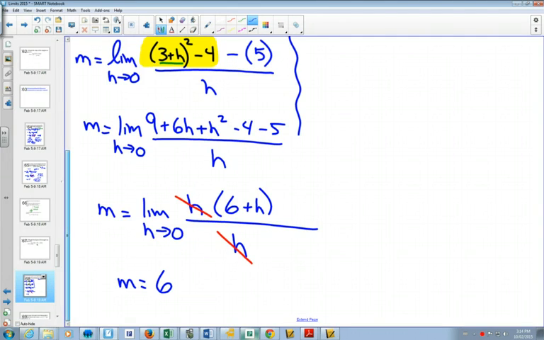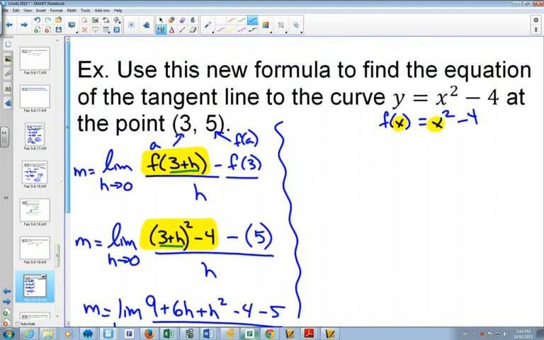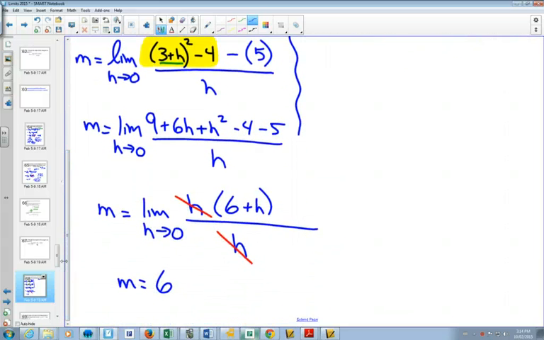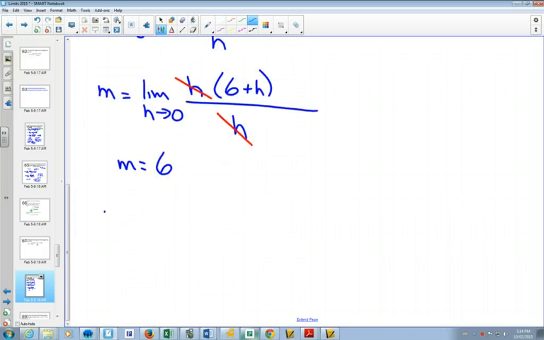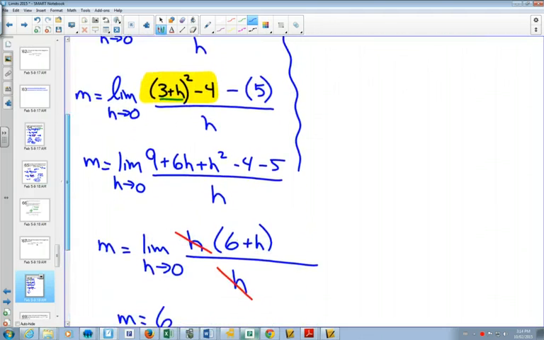Did it ask us to find the equation as well? Find the equation of the, oh, they just asked us to find the equation. So now that we have the slope, we could find y equals mx plus b. You know that your slope is 6. We have a point which was 3 comma 5.